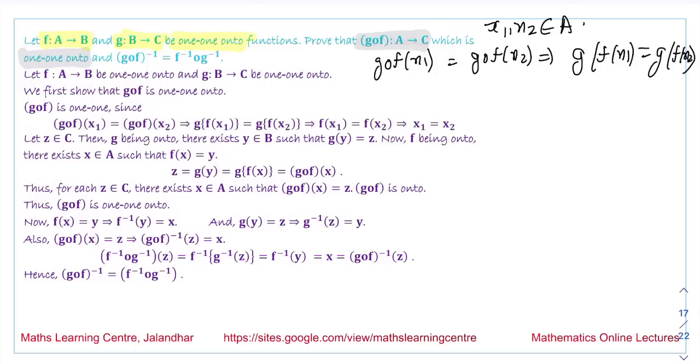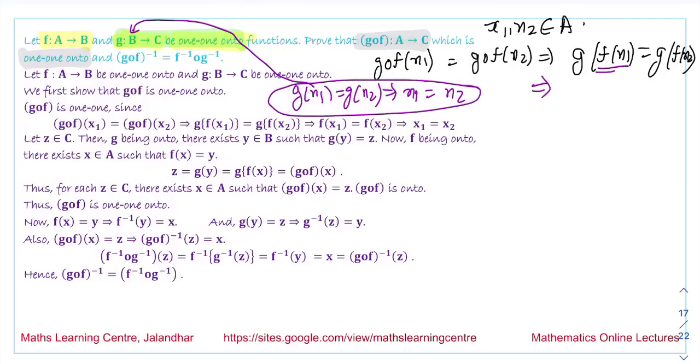Now it is given that g is a 1-1 onto function, that is, it is a 1-1 function. So if we have g of x1 equal to g of x2, where x1 and x2 are elements of B, then this should imply that x1 is equal to x2.